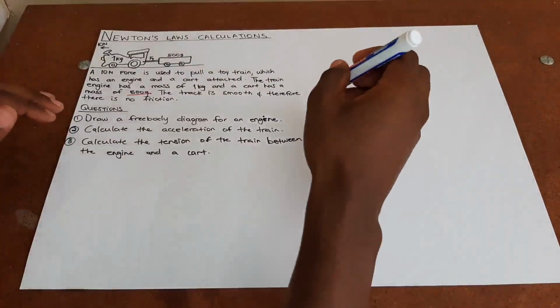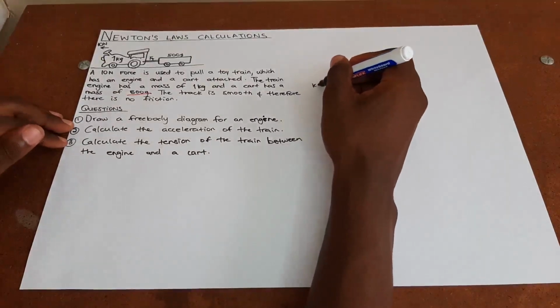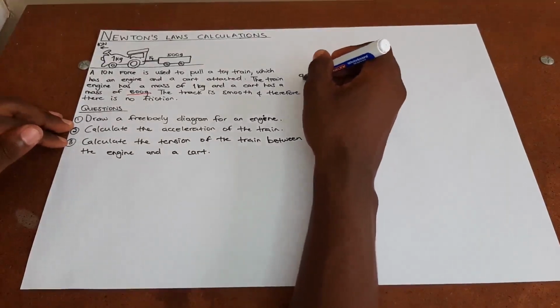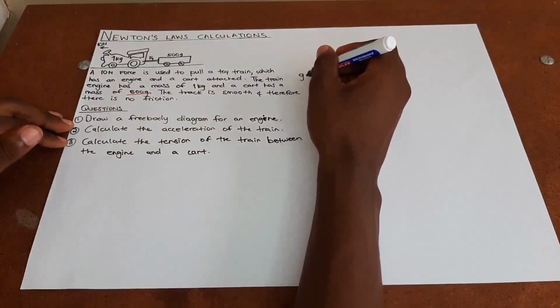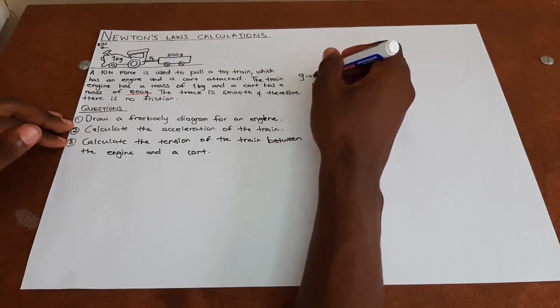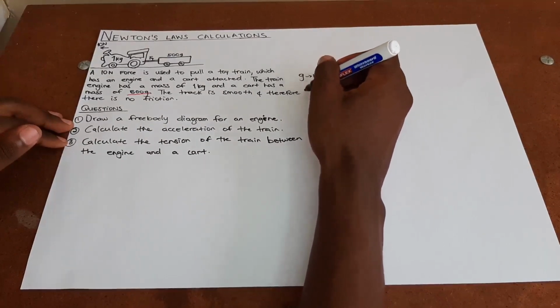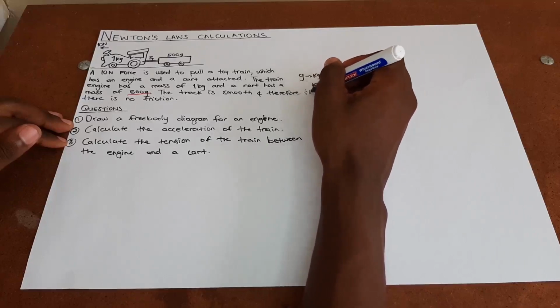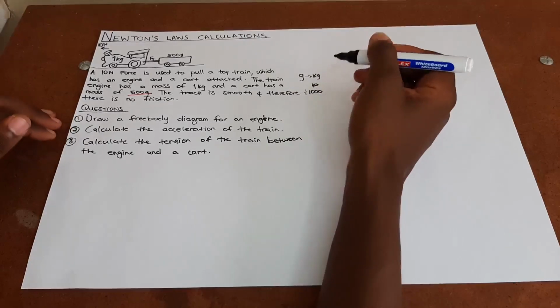In order for you to change grams to kilograms, you have to divide by 1000.